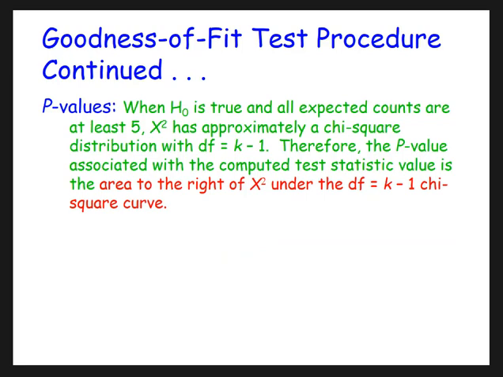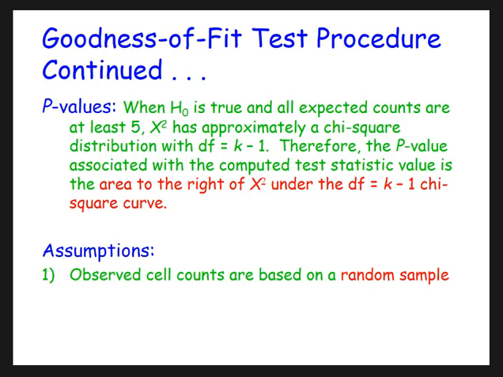P-values are a little bit more difficult to do. The calculator isn't a great tool for the p-values here. It's just the probability of getting a larger test statistic under the conditions, in this case degrees of freedom of k minus 1, and so on. So our assumptions: the observed cells are based on a random sample.